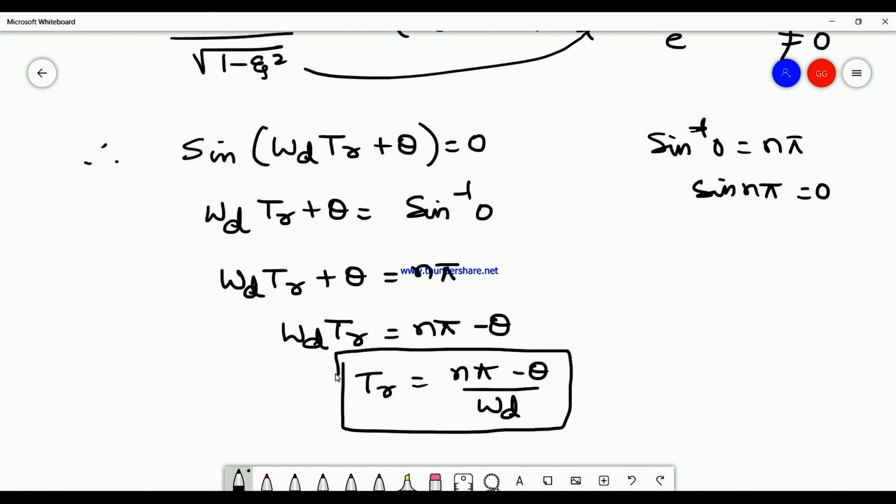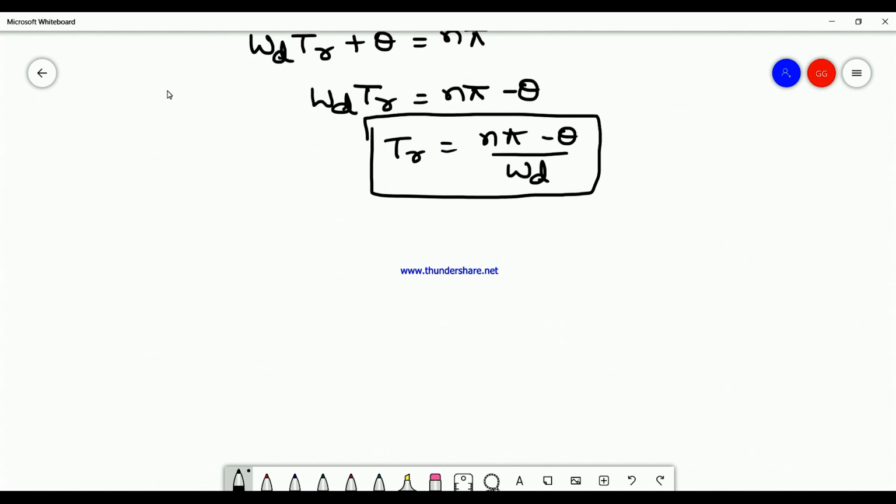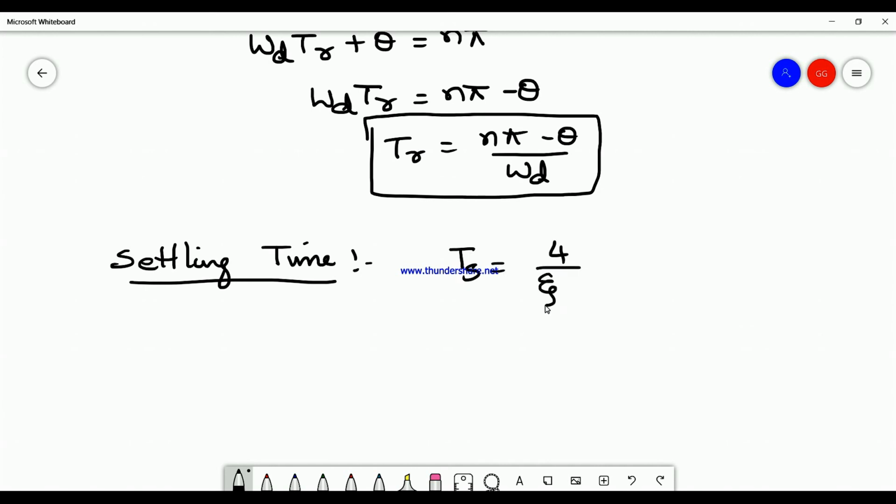Okay. So we have done for rise time. Now the last time which we want to derive is the settling time. Settling time has no derivation at all. I have already said that in the definition itself. Settling time will always be equal to Ts equals 4 by zeta omega n at 2% tolerance.